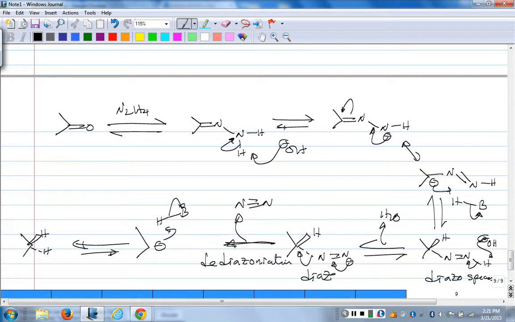This is a diazenide. It's got two nitrogens, a double bond, and it's an anion. The diazenide undergoes a de-diazonation, which spits out nitrogen and generates the corresponding carbanion. The carbanion picks up a proton from the medium and generates the corresponding methylene. We will pause here and pick up in the next lecture.